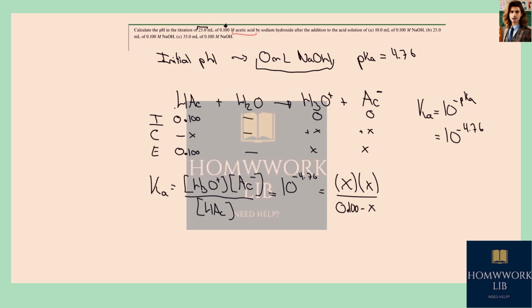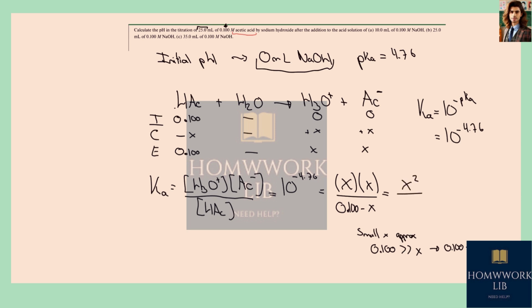One is going to be to do the small x approximation, which, taking advantage of the fact that the equilibrium constant is going to be a very small value, what we're going to expect is that 0.100 is going to be much larger than the value for x. Thus, 0.1 minus x is approximately 0.100. We're going to first solve the problem like this, and then we're going to solve the full quadratic expression, and we're going to look at the differences.